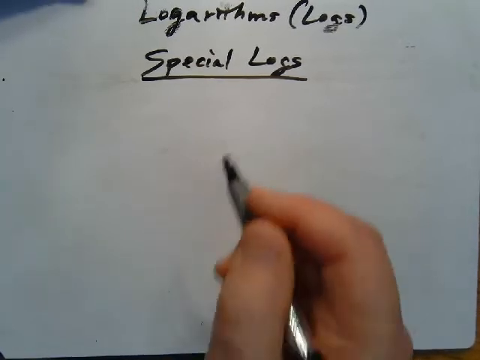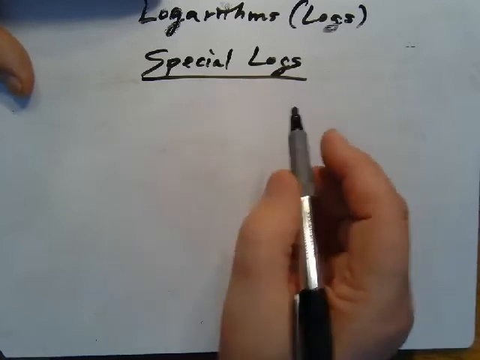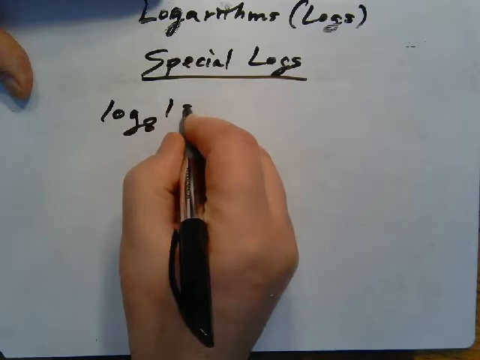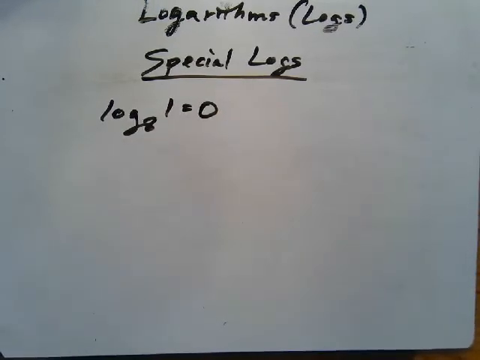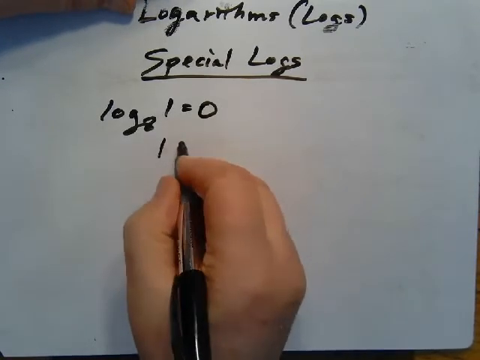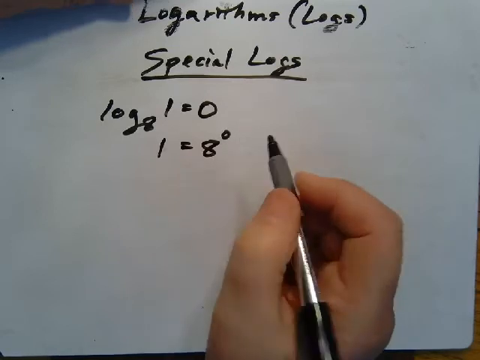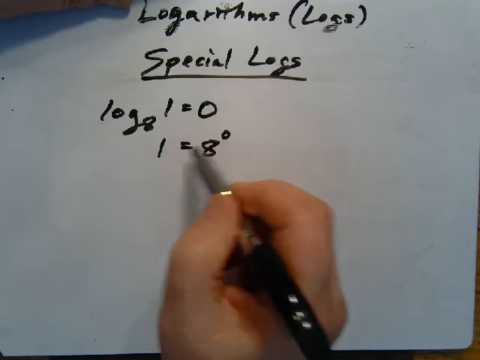Now, there are some situations that deserve our special attention. I'm going to call them special logs here. Here's one of them. Now, sometimes we get situations like this and we wonder, well, what's really going on here? Well, let's see what happens here. Drag the result down, throw the base to the other side, and apply the exponent. And we go, oh, that means 8 to the 0 power is 1.